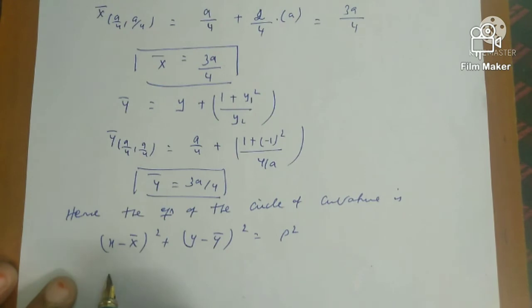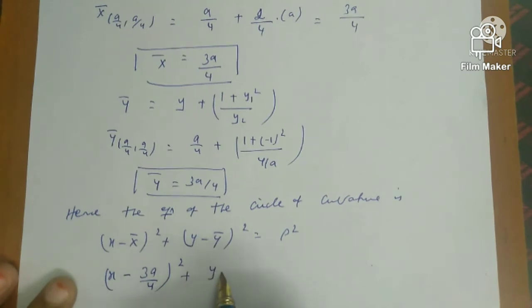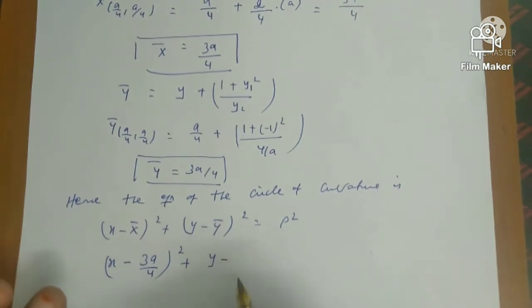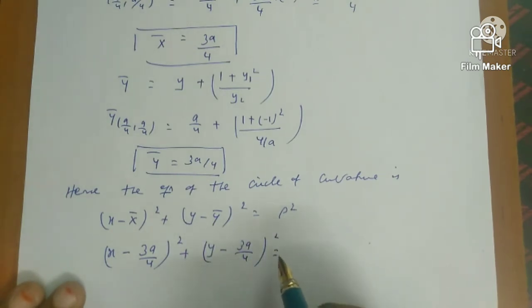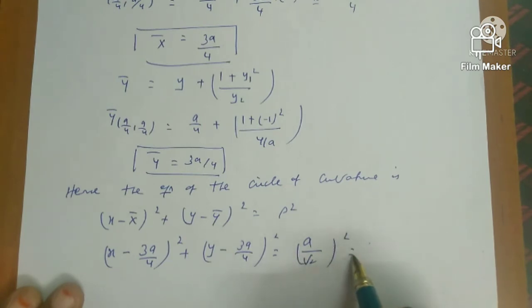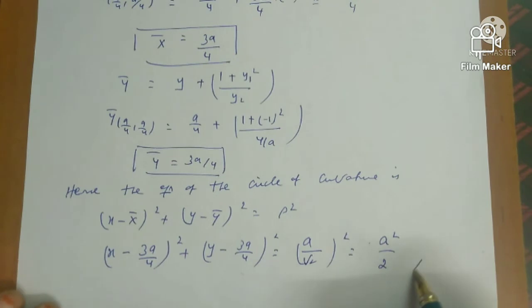What is our x bar? (x minus 3a by 4) the whole square plus (y minus 3a by 4) the whole square equal to rho square. Rho square is (a by root 2) the whole square, which is equal to a square by 2. So this is the answer for the first question.